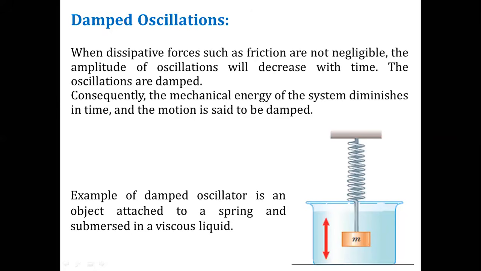An example of that kind of oscillation is, for example, you have a vertical spring which is attached here and a mass is attached to that spring, and if it is put inside some kind of liquid, even if it is in air, that is an example of your damped oscillation, right? Your pendulum, if you are doing it not in vacuum, if you are doing it in your lab, that is also an example of damped oscillation.